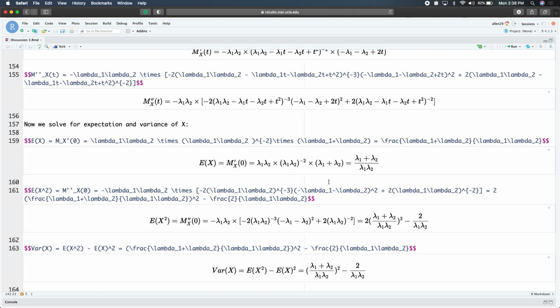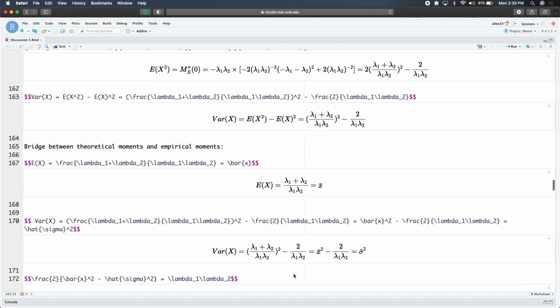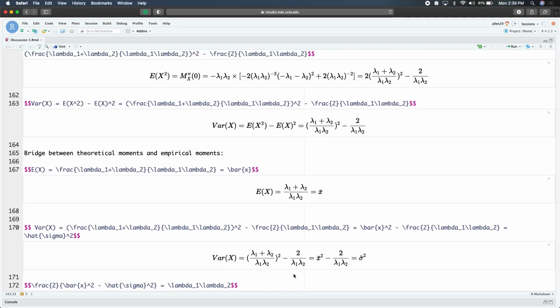So from the moment generating function, we get this and this one here, and also further calculate the variance. It's just the second moment minus the square of the first moment. So now we have the left-hand side, the theoretical first and second order moments, and now we are going to connect them with the empirical average and variance.